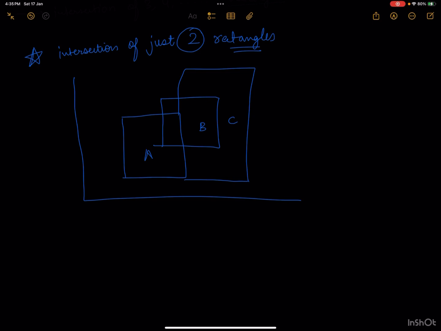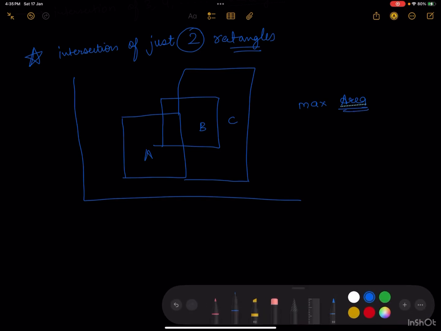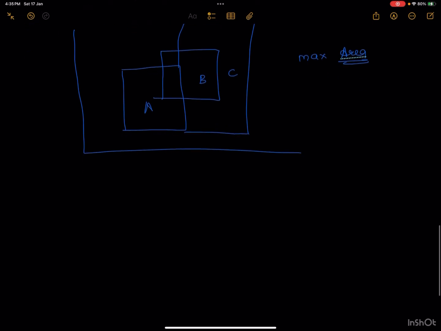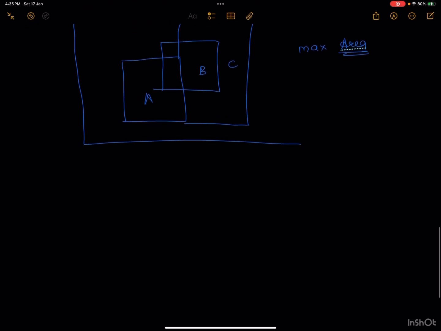So what we are going to do in this scenario is, since we have to consider only two rectangles for intersection, we can check for all the pairs of rectangles that we have.